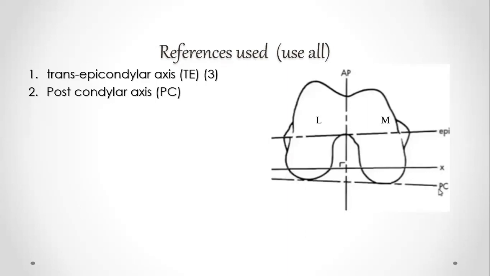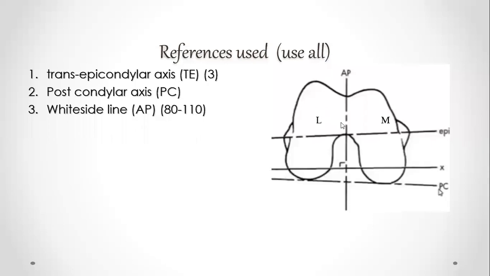The other one is the Whiteside line. The AP or Whiteside line starts from the lowest point of the sulcus to the upper part of the top of the notch, and it is perpendicular, on average 91 degrees, to the epicondylar axis. Some people found it varies from 80 to 110, and for this reason we don't use only one.